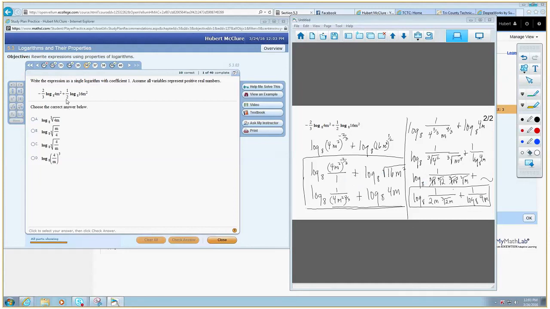But you could actually factor out. That's what they're doing, they're factoring out. Let me just show you how they're doing it.